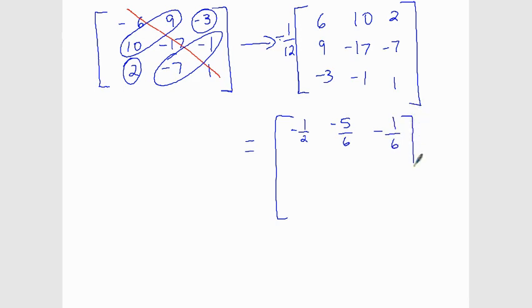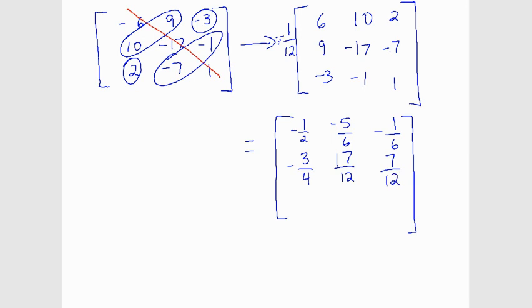If you recall and watch the last video, this is looking really promising so far. So negative 1/12 times 9, that'd be negative 9 over 12. That simplifies to negative 3 over 4. Negative 1/12 times negative 17, that's a positive 17 over 12, and nothing to simplify there. Neither for this next one. Negative 1/12 times a negative 7 is positive 7/12.